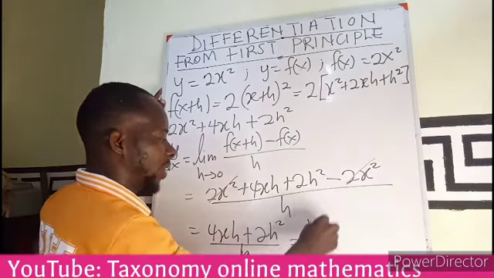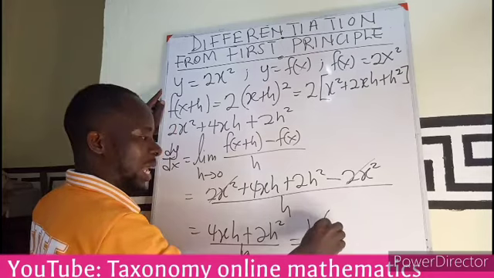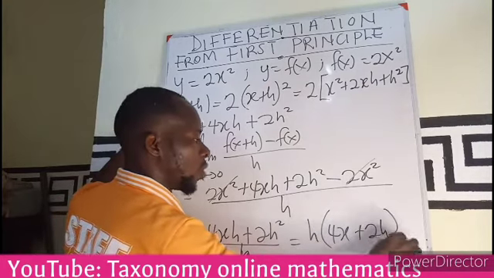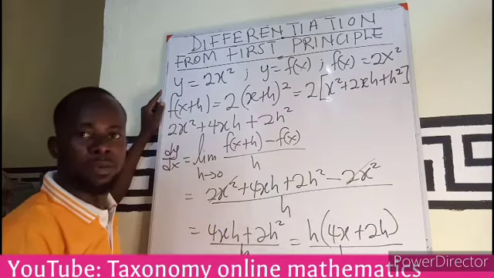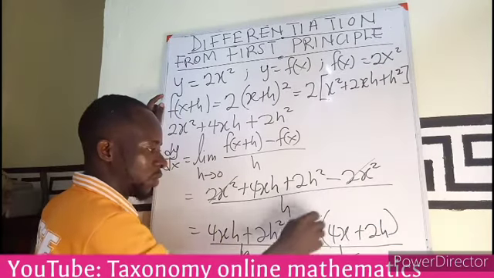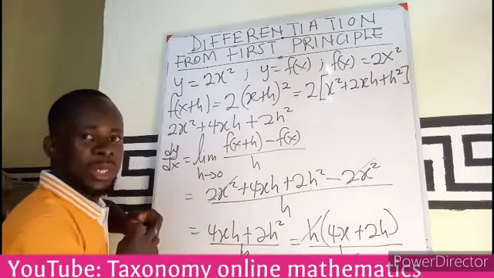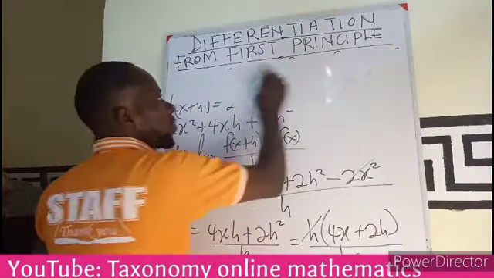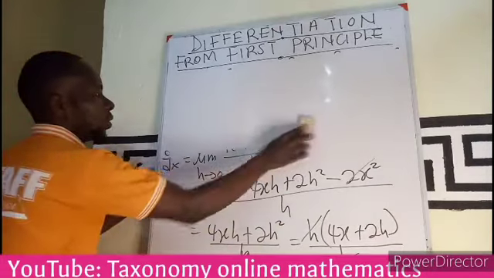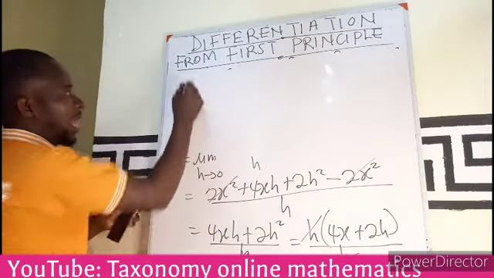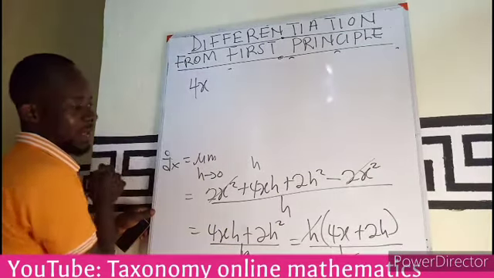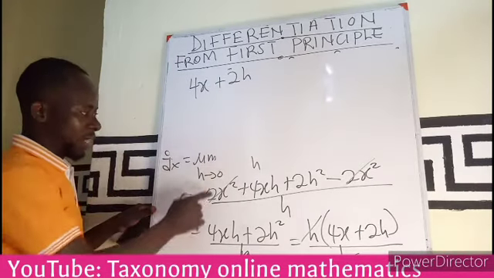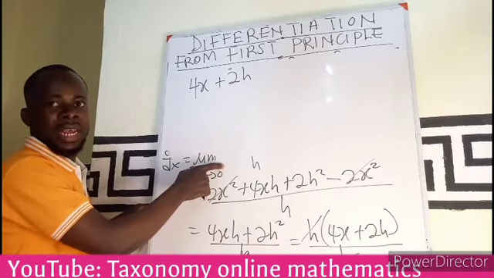So we factorize h out, we will be left with 4x plus 2h all over h. So this h will also take care of that h. So we are just left with something like 4x plus 2h. Don't forget, we are still holding the limit.